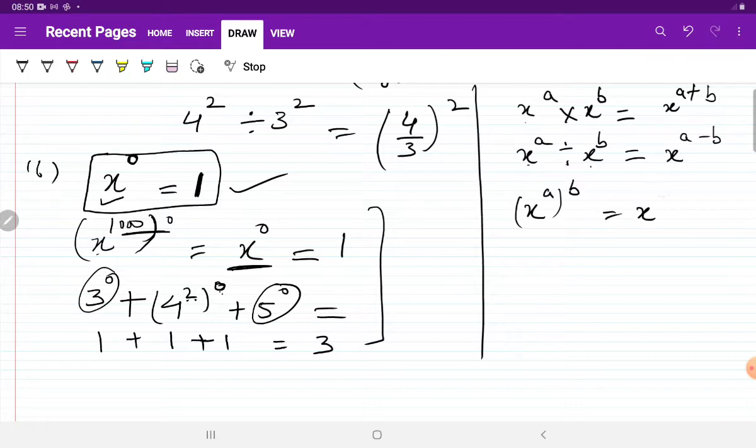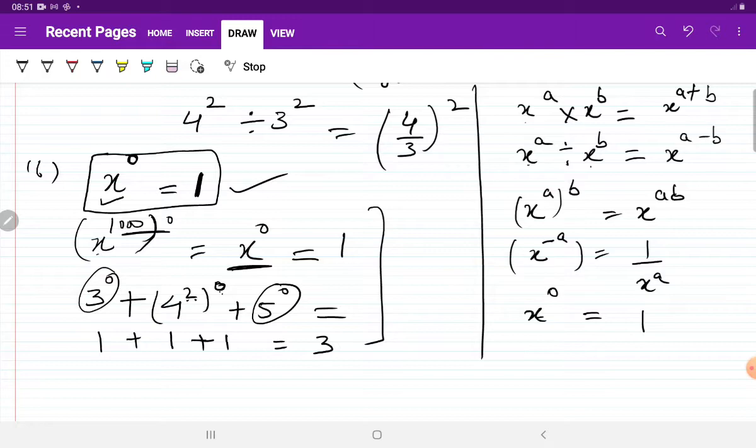X raised to power ab. Both powers will multiply. Then negative exponent, x raised to power minus a. Then it is what? 1 by x raised to power a. It will come down, reciprocal will take. And exponent power 0, any number with 0 exponent will give 1 always.